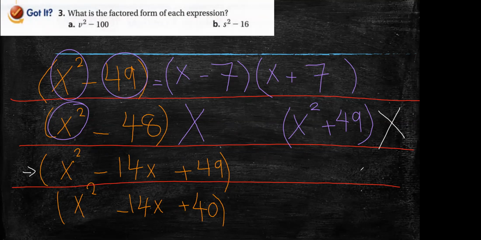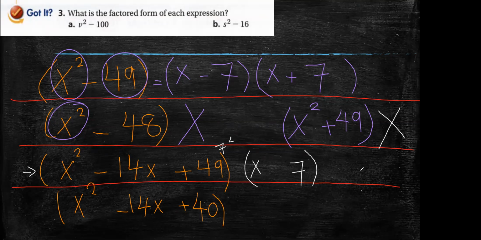x squared minus 14x plus 49. Look at the first and the last term. Are they perfect squares? Yes, x squared and 49. Let's open a bracket. x, one from the x's, and 49, as we said, is 7.